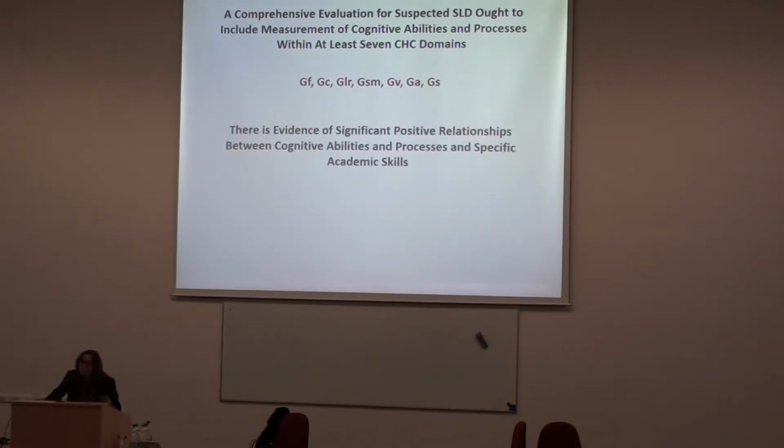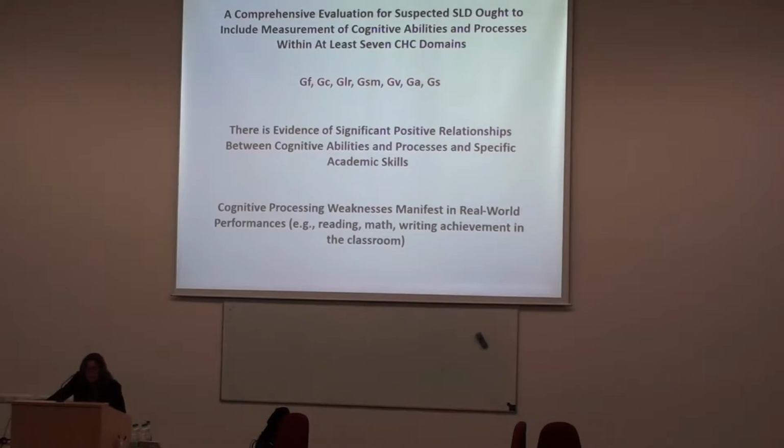There's evidence for these relationships, and also, once we understand how these processes manifest for the child, it does 2 things. It brings ecological validity to our test findings, and it gives us a target for intervention. And those are 2 very important things.